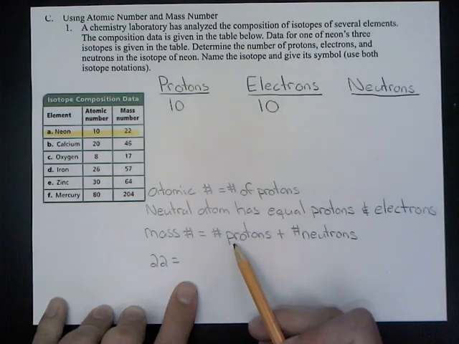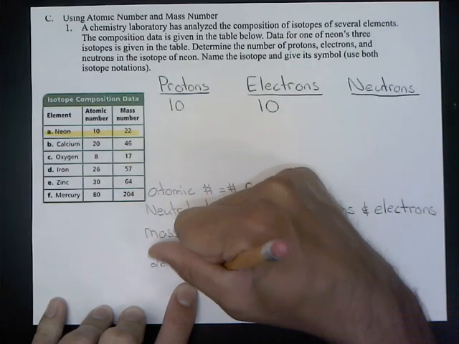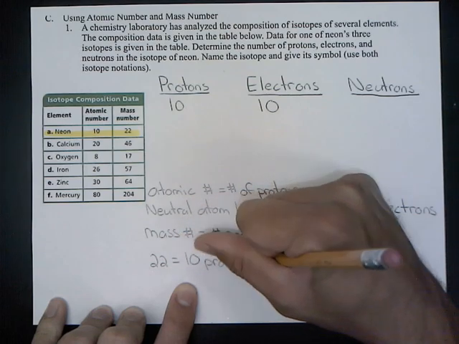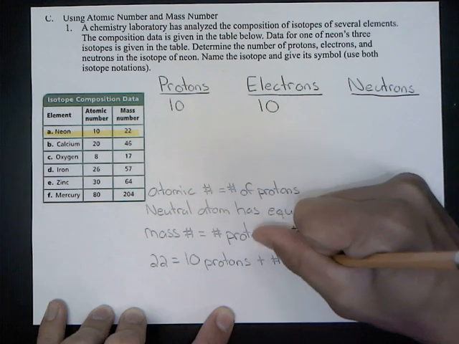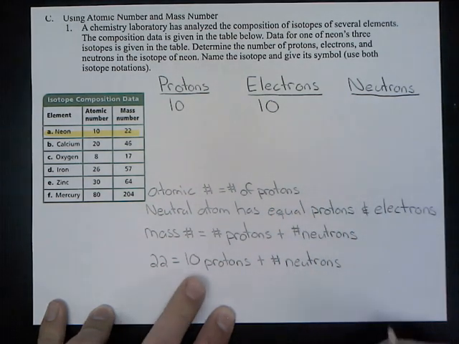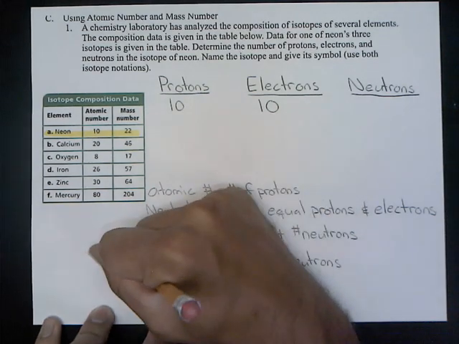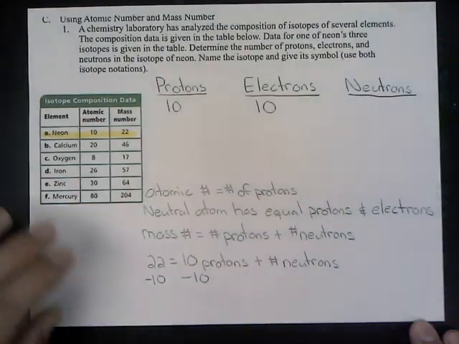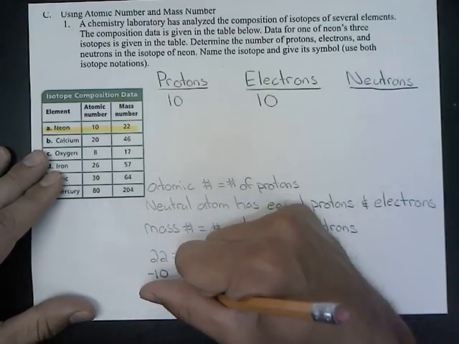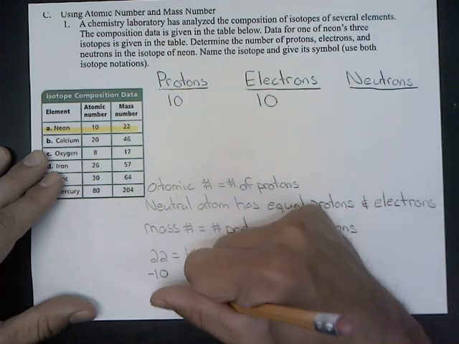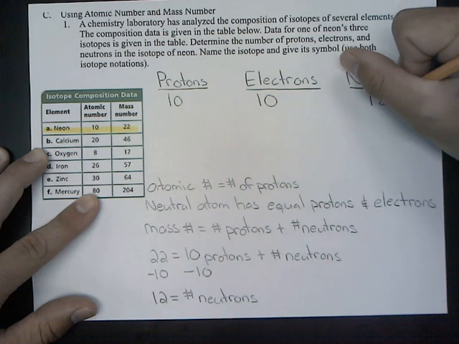It is equal to the number of protons, which we determined was 10 protons. And then what we don't know will be our variable, and that will be our number of neutrons. So simple algebra: to get the neutrons by themselves, 10 is connected by addition, so we just subtract 10 from each side. And so 22 minus 10 leaves us with 12 neutrons. And so 12 would be our neutrons.